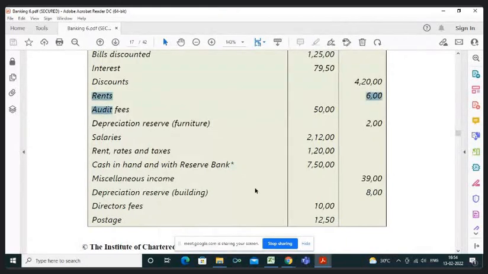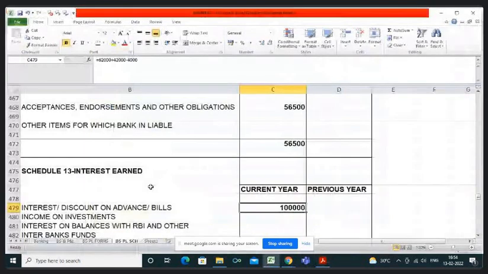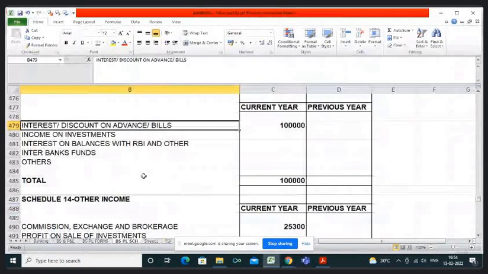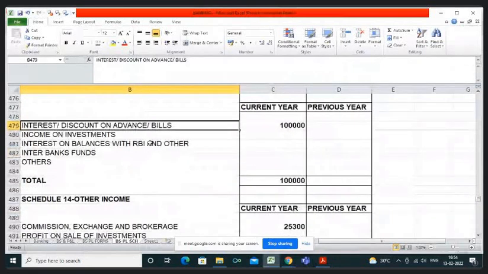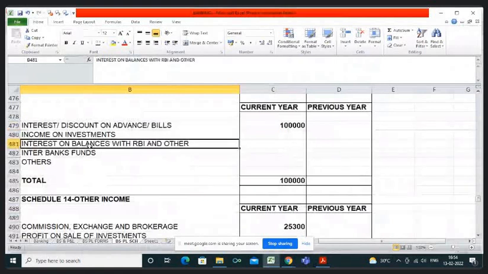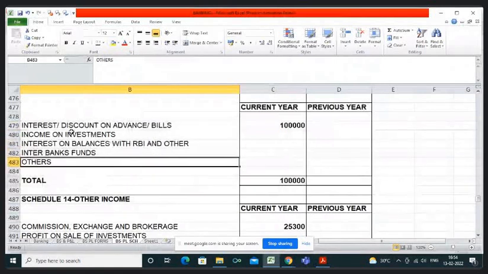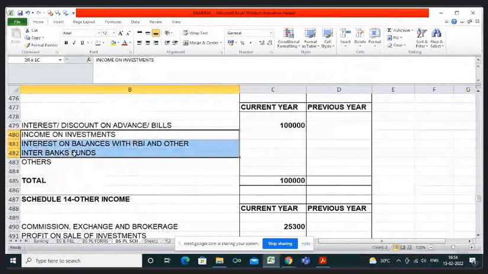Rent is 600. Where will the rent be part of? You have to see this main schedule is interest earned. Here it will be income on investment, interest on balance with RBI, interbank funds and others. These are the major incomes. If it is not part of that, we have to look at other income.